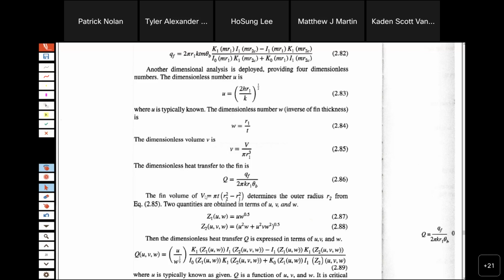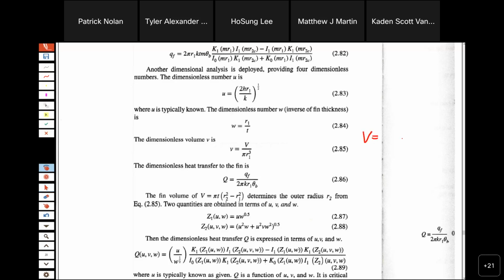So the volume is, you know that, pi R2 square minus pi R1 square times T. Again, let me do a little practice.